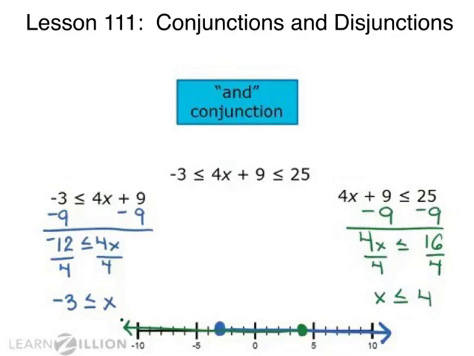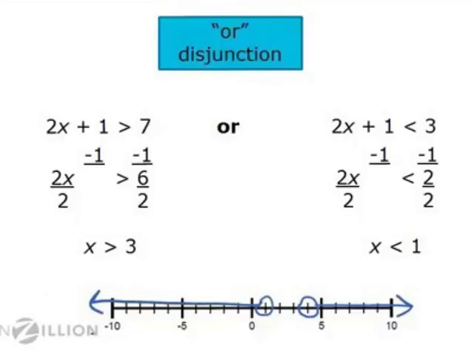But then if we take the other part and say 4x plus 9 is less than or equal to 25, and then we subtract 9 from both sides, then we have x is less than or equal to 4. So we have to graph both of those on our graph because we have two answers. Okay, so it's a conjunction.